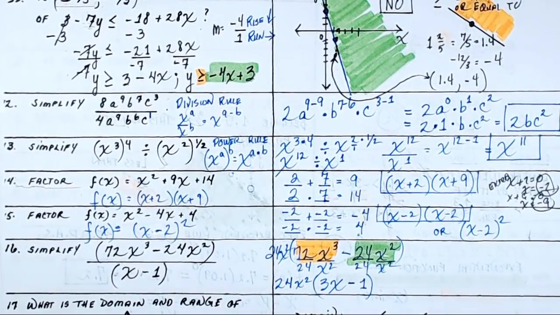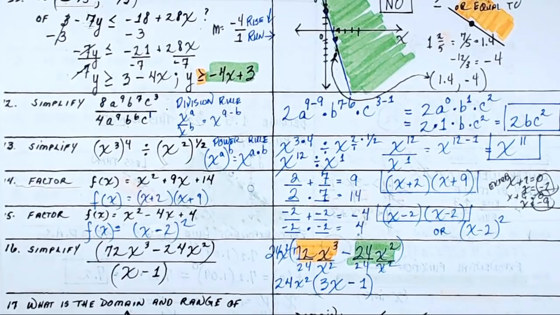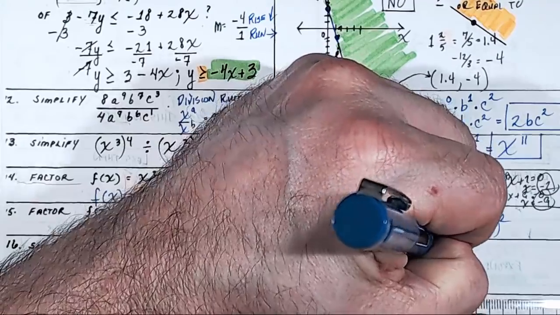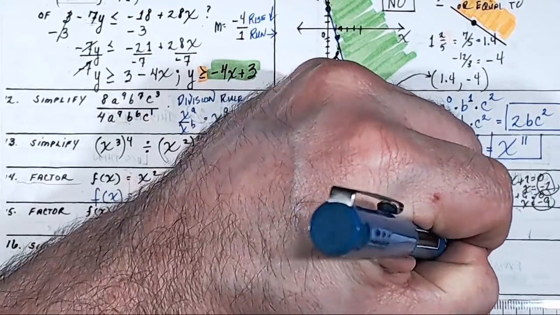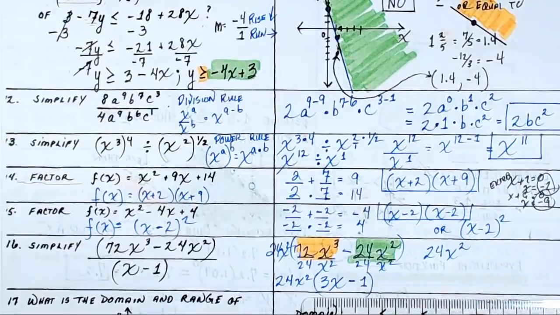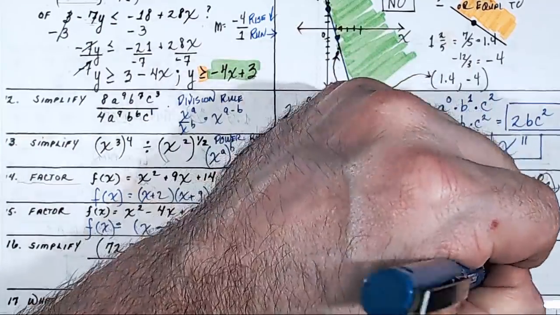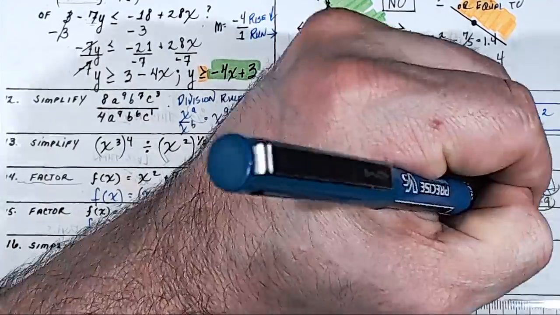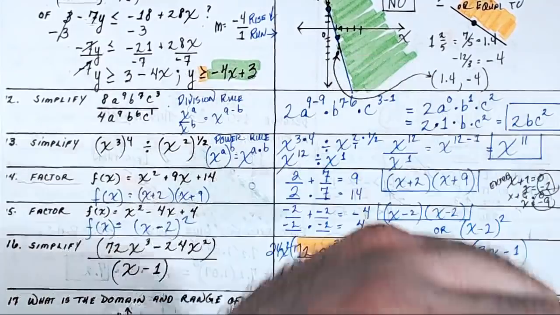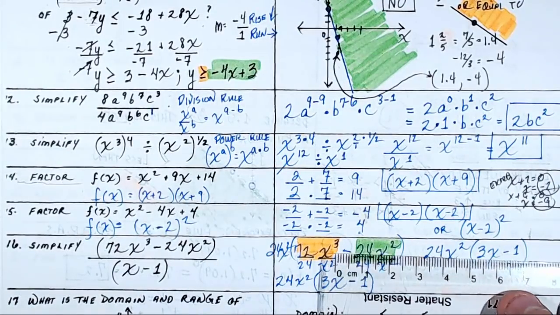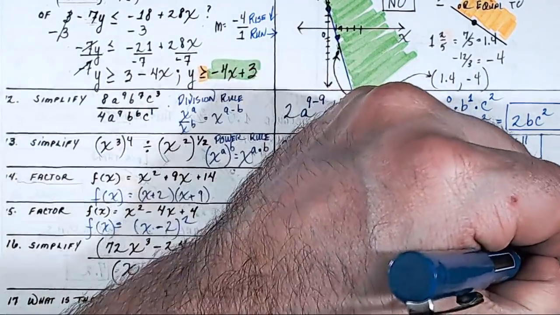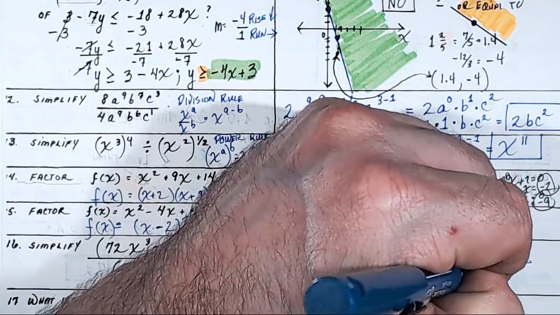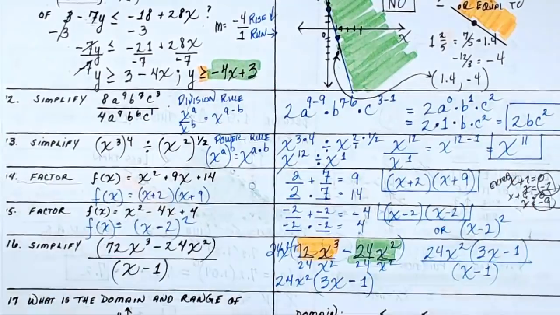Okay, so now I'm going to rewrite this as 24x squared, open parentheses, 3x minus 1, close parentheses, all over x minus 1.